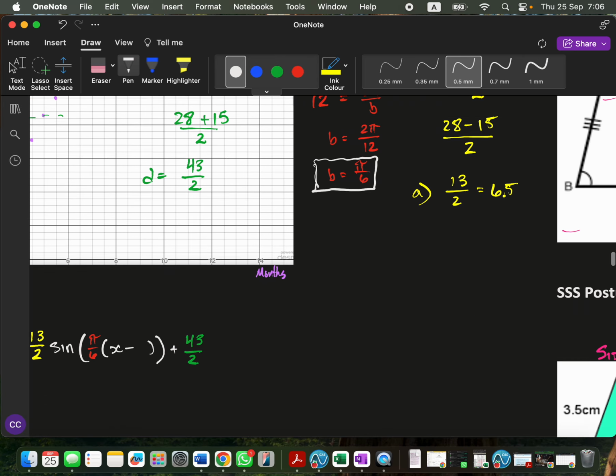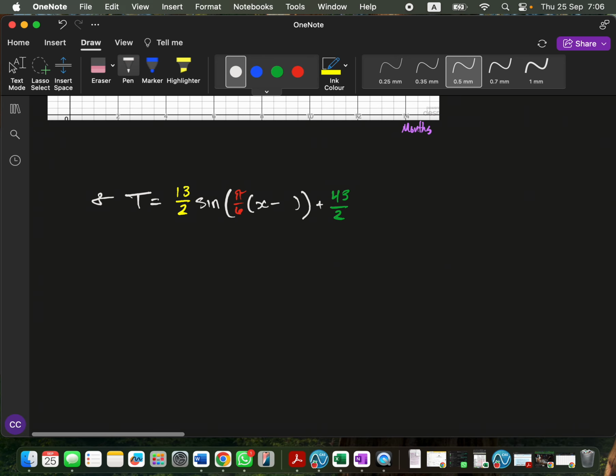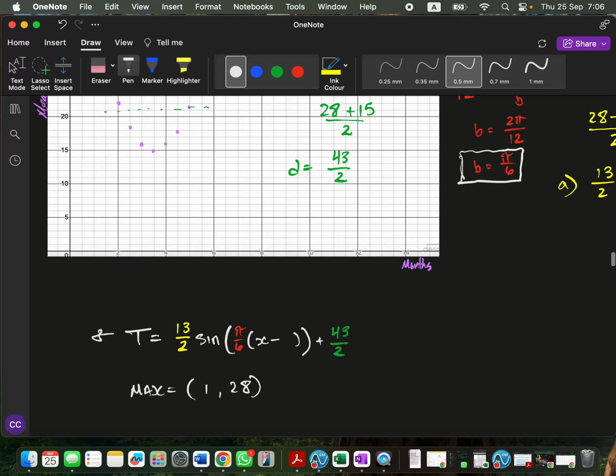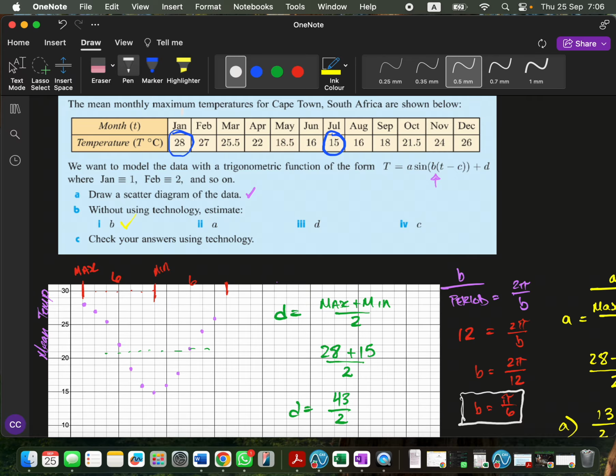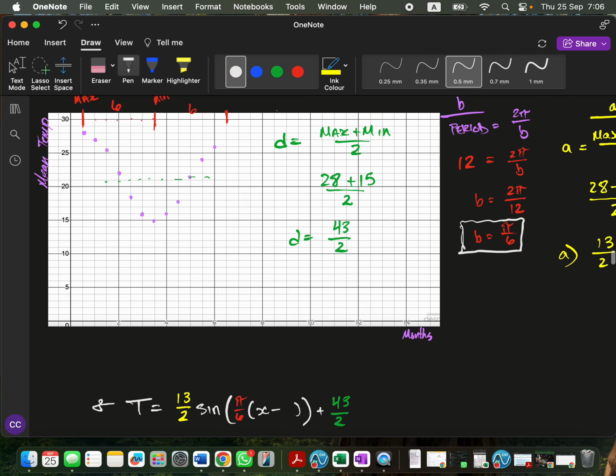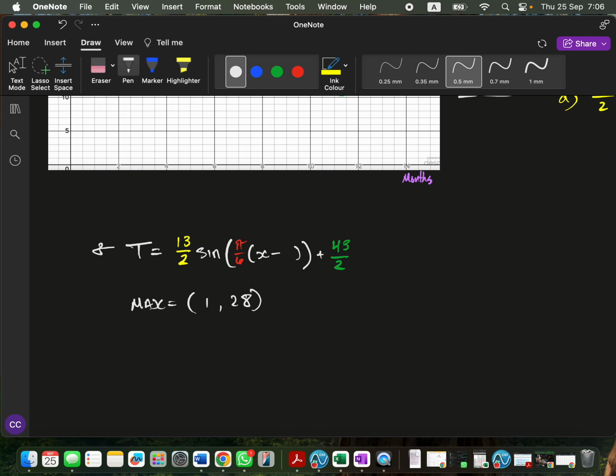So my first maximum point is at 1 and 28. And again, I'm pulling that because January we're calling the first month. 28 was the highest temperature we saw, so that's my maximum point.